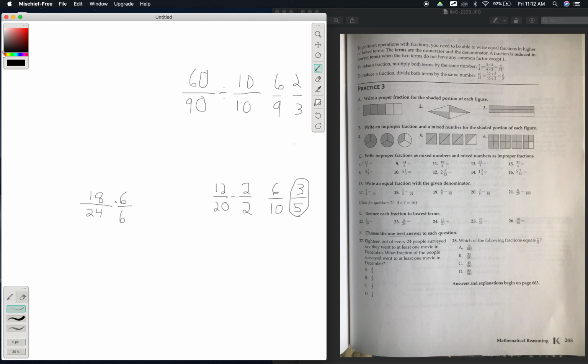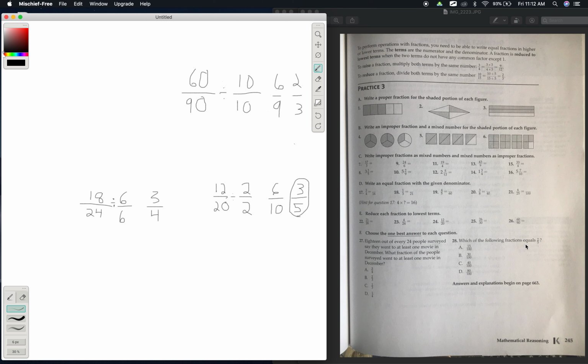So let's put our division symbol. 6 goes into 18 3 times. 6 goes into 24 4 times. Okay, and really the only number that goes into both of these numbers now evenly is 1. So we know we have reduced to the greatest degree. So 3/4 is your answer, which is A.